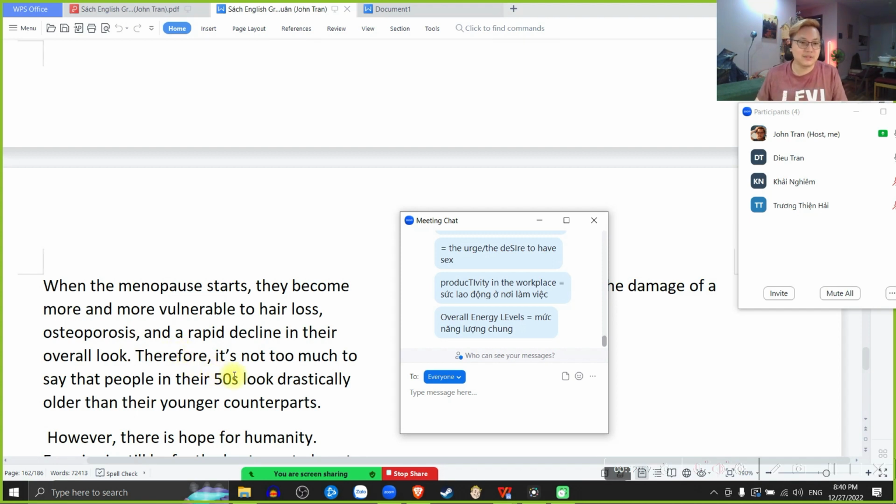Therefore, it's not too much to say that people in their 50s look drastically older than their younger counterparts.